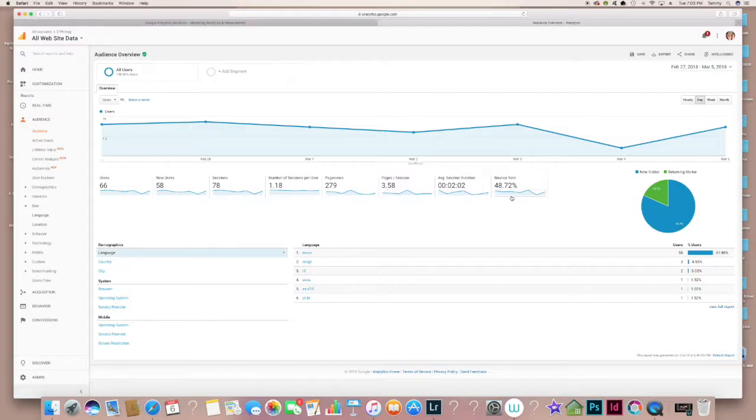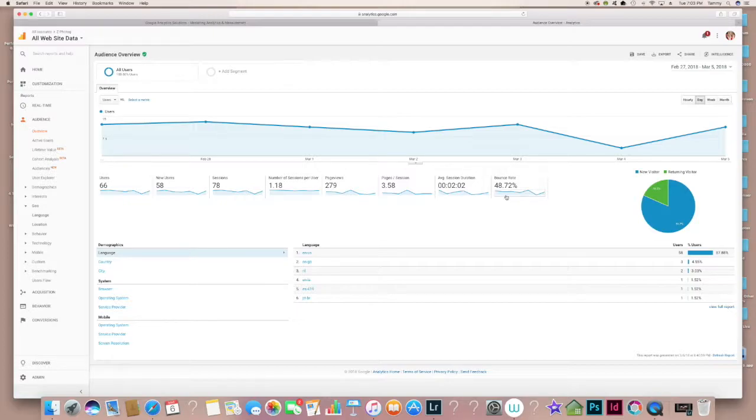So yours, if you're in the same range, you're going to be average. If your number is higher than 55%, then you're getting more bounce than you want. And again, you want to think about what pages are you sending people to, and why aren't they finding the information that they need, or what about your page isn't appealing to somebody?